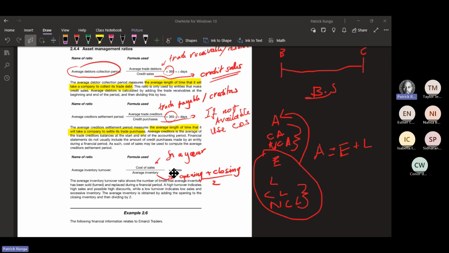Because remember, with inventory we will be buying merchandise or our stock, right? And we sell it. So we want to find out how many times you do that within a year, a business year. Is that making sense? So let's say you do that 12 times.